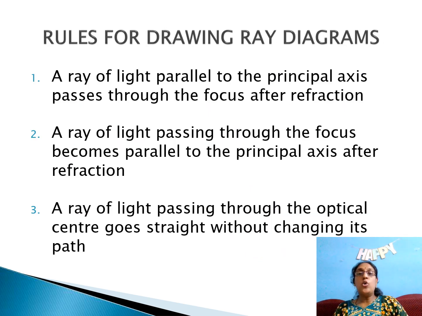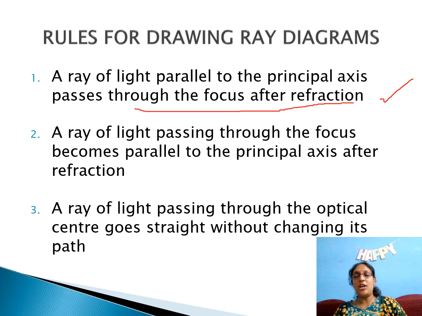Next are the rules for drawing a ray diagram. Just now we saw all the rules for mirrors. In a lens you have a small change. Your first rule is that a ray of light parallel to the principal axis passes through the focus after refraction. The same thing only.